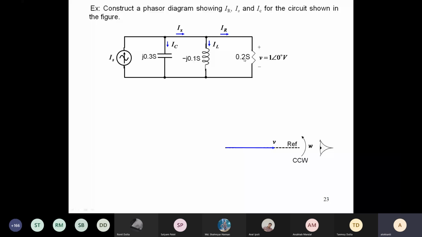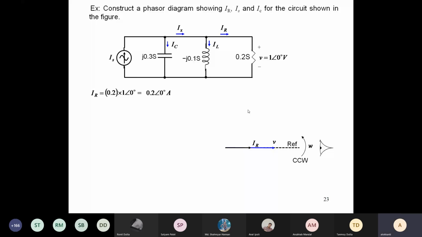So your IR is basically 0.2, and it will be aligned with the reference. So IR is equal to 0.2 into 1, which is 0.2 at an angle of 0 degrees. So this is your IR. Okay, so you got IR.